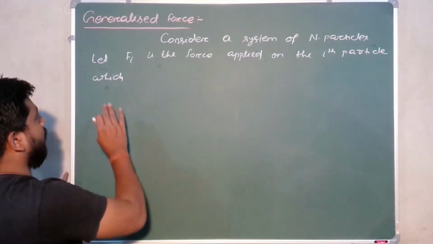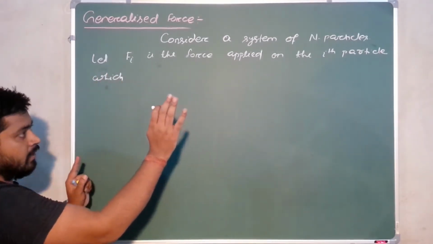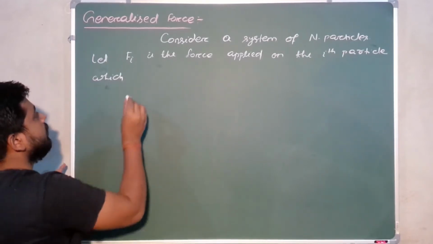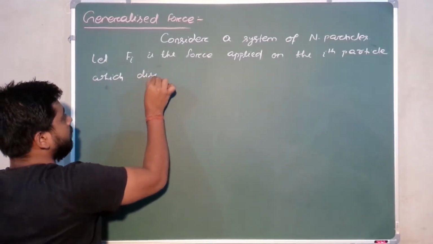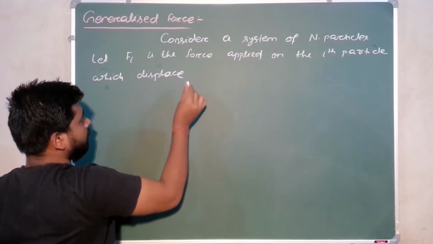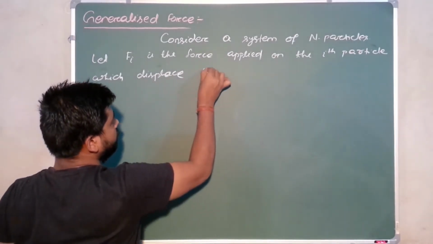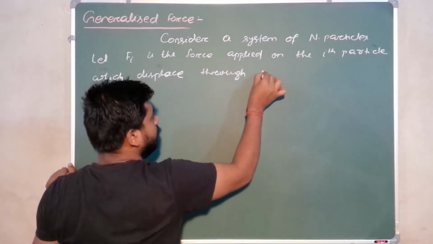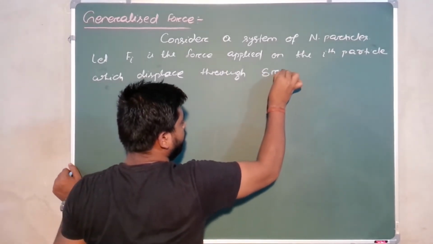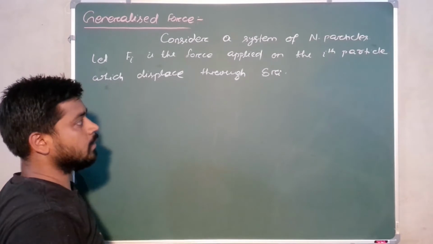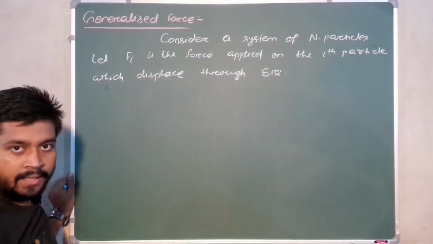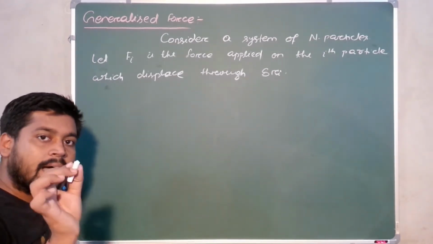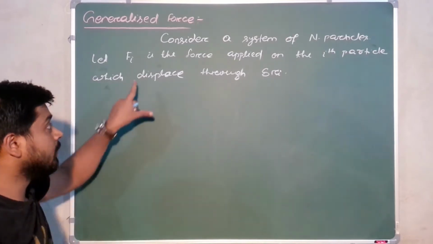Okay, let Fi be the force applied on the ith particle which displaces through delta Ri. Here delta Ri is the displacement of the ith particle due to the force Fi.